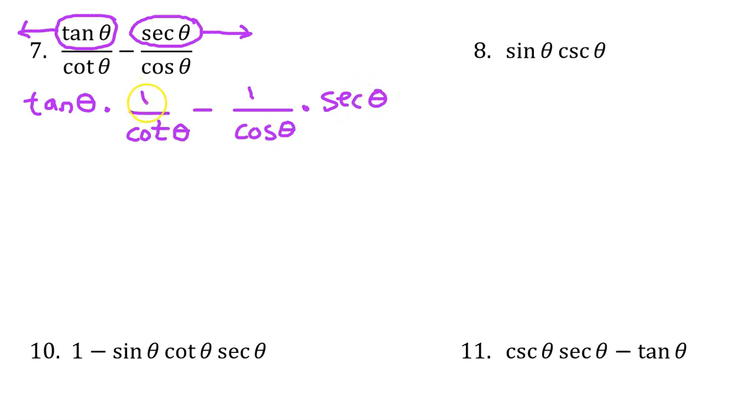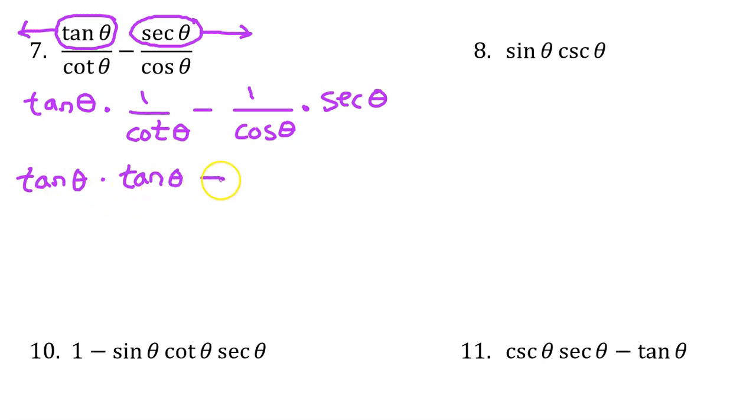But the reciprocal of cotangent is tangent. So I can replace this little fraction with tangent theta. That will give me tangent theta times tangent theta. See how I am not skipping this step.